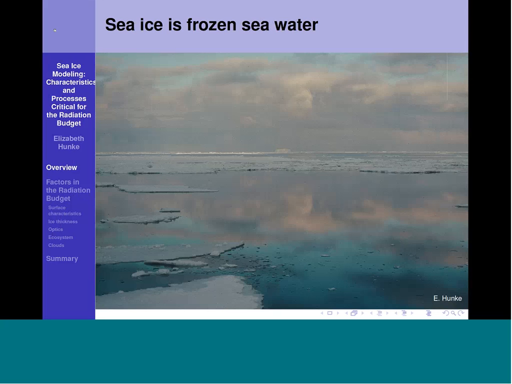So I'll begin with some general background for audience members who may be new to this topic. First, sea ice is frozen seawater. That's different from land ice like glaciers and ice sheets, because they are made out of snow that is compacted into ice. But sea ice is frozen ocean.